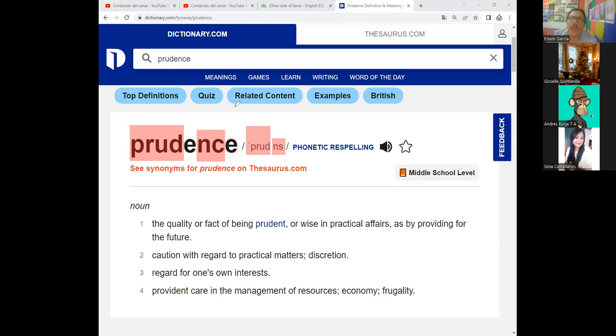If you remember, in some words, when the letter E is apart from the other syllables, we normally use the schwa sound, but in this case it is not schwa, it is mute. This one is mute, and this other one is mute too. Prudence.